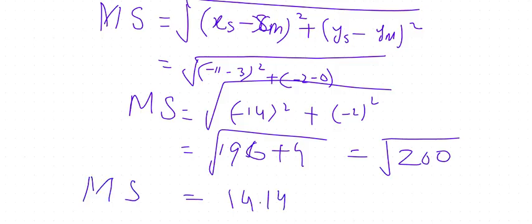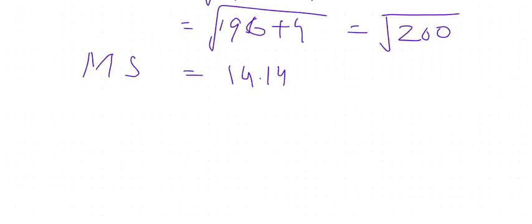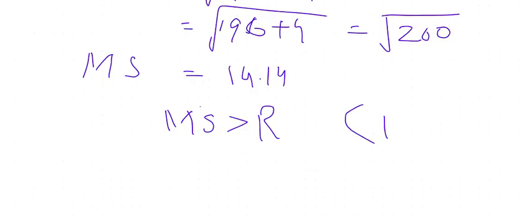So the distance MS is 14.14. Compare this distance to the new radius R, which is 12. Since MS is 14.14 and the new radius R is 12, we can say that MS is greater than R. This means that 14.14 is greater than 12.